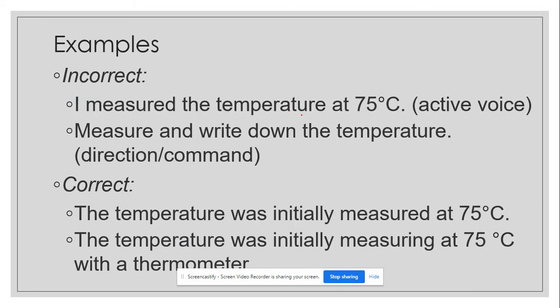It says, I measured the temperature at 75 degrees Celsius. This is active voice. Measure and write down the temperature. This is a demand or a command. These are incorrect ways to write that. The correct way to do it is by saying the temperature was initially measured, because it needs to be past tense, at 75 with a thermometer.